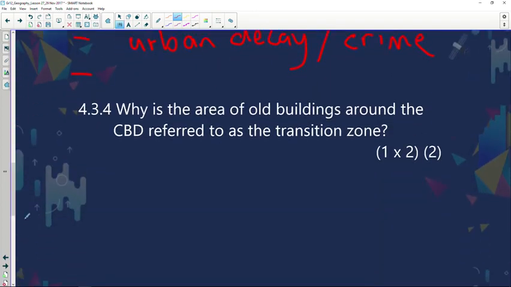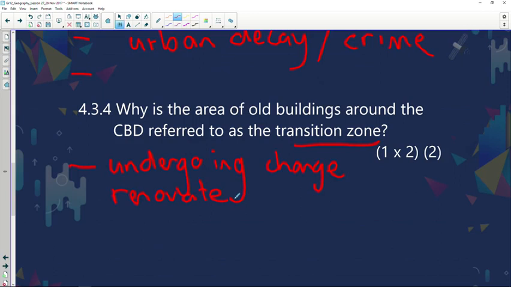If you look at our next question, why is the area of old buildings around the CBD referred to as the transition zone? Now the reason for it, it's undergoing change. What do people do with these areas? They renovate those buildings.